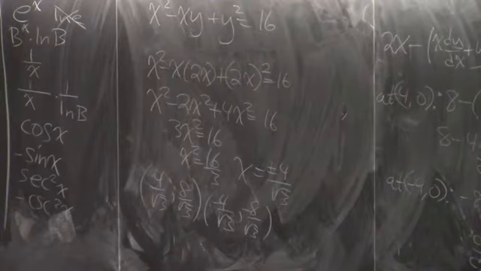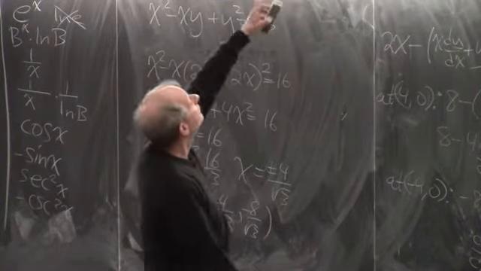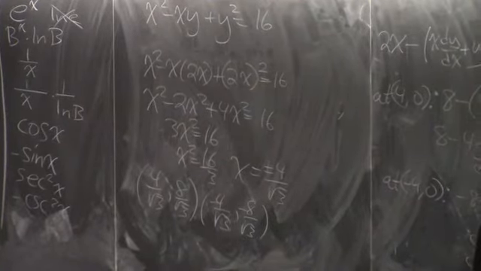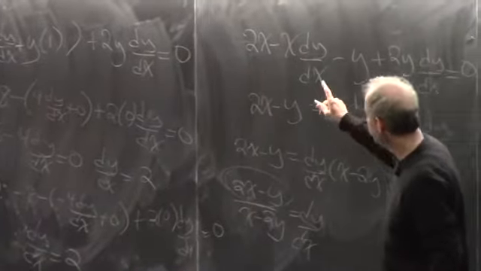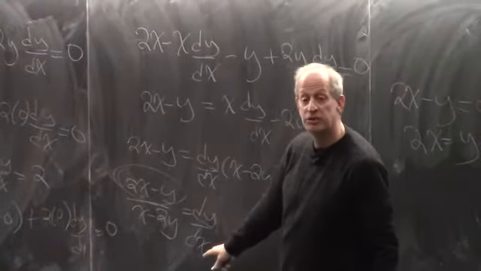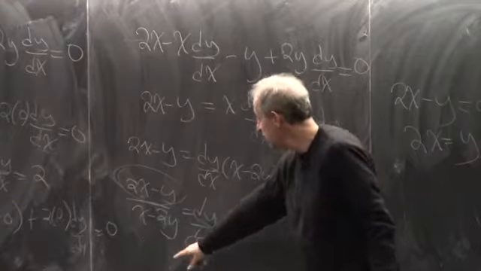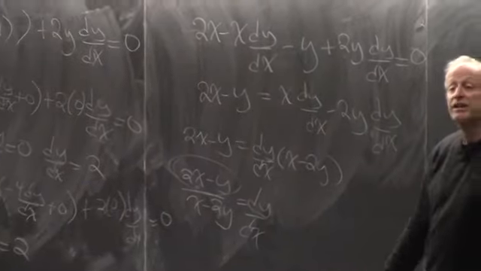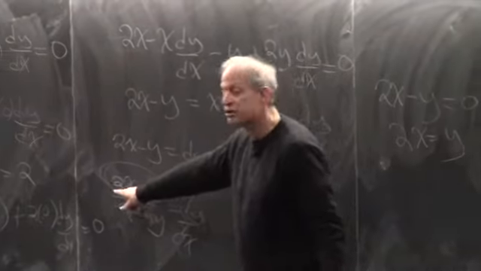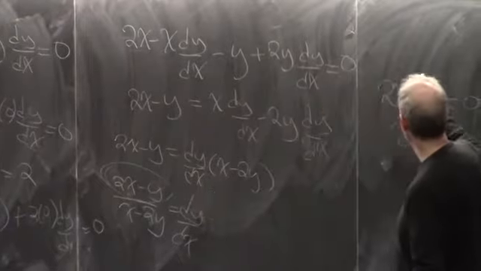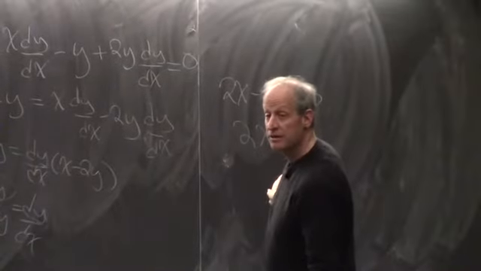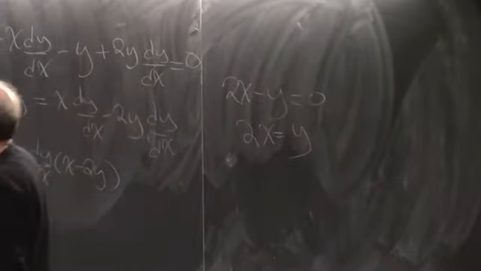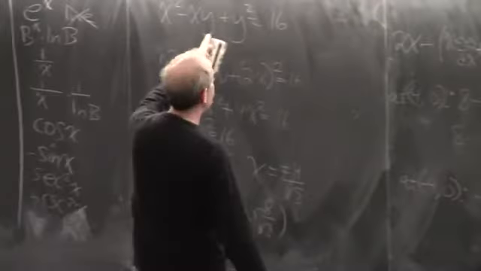Okay? So again, in order to find where the tangent line is horizontal, you have to find the derivative, which is dy/dx = (2x − y)/(x − 2y), and find where that's 0. You take 2x − y and set it equal to 0, you get 2x = y. Now you plug 2x = y into this equation.